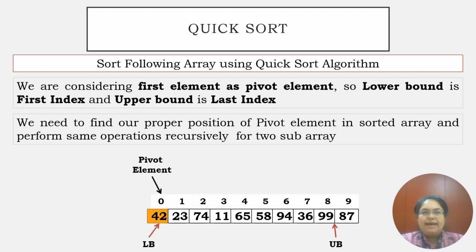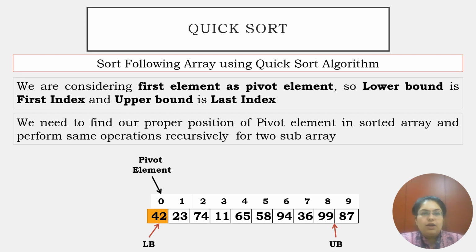So now we are going to sort this array using quick sort. We have considered the first element as the pivot element, and that is why our lower bound will be the first index and the upper bound will be the last index.